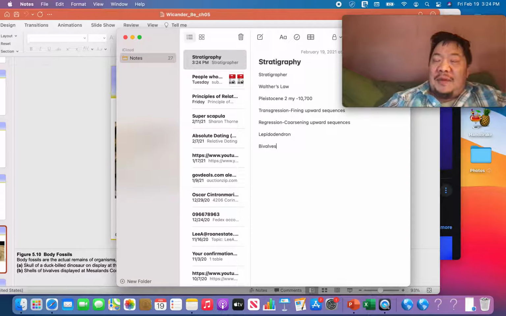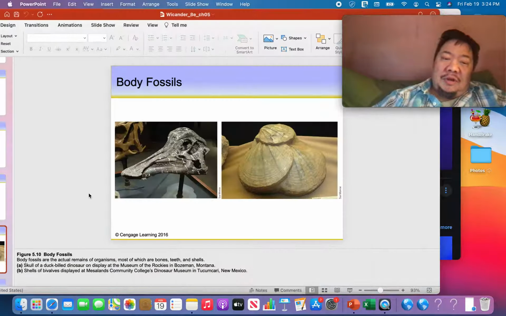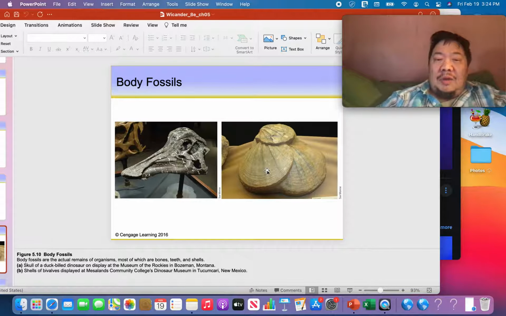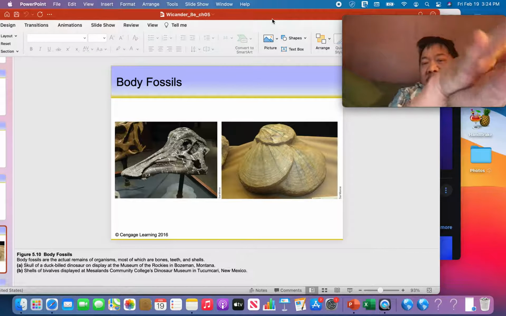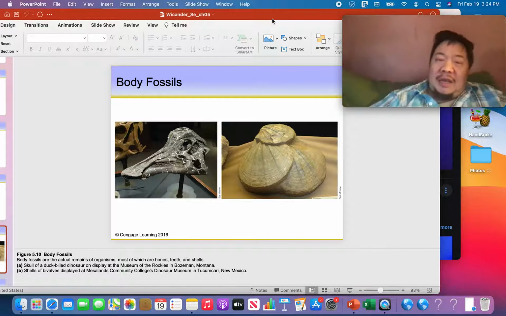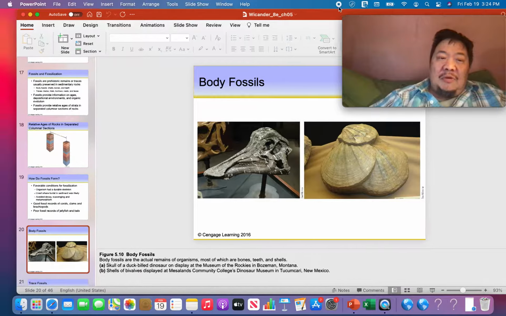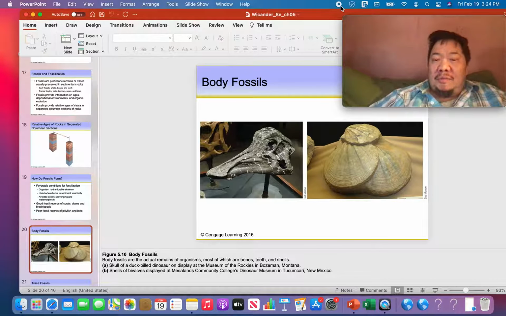What does valve mean? Shells. These are creatures that have two shells. What type of creatures can you think of that have two shells? Oysters, maybe, clams, mussels, scallops, and they have a hinge, and they can open and close that shell, and the animal lives inside. The animal inside is rarely preserved. It's only the shell that is usually preserved.